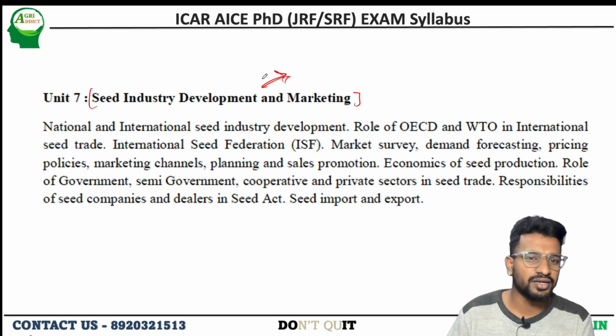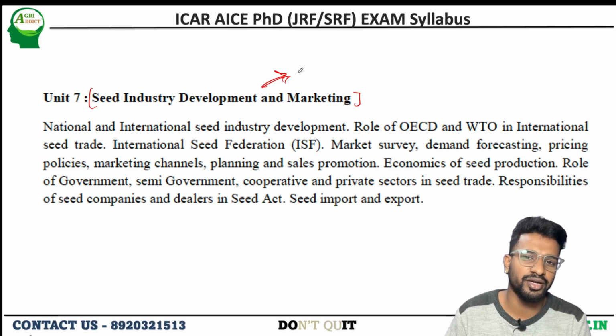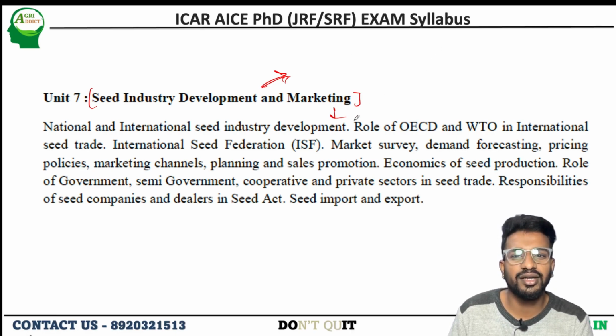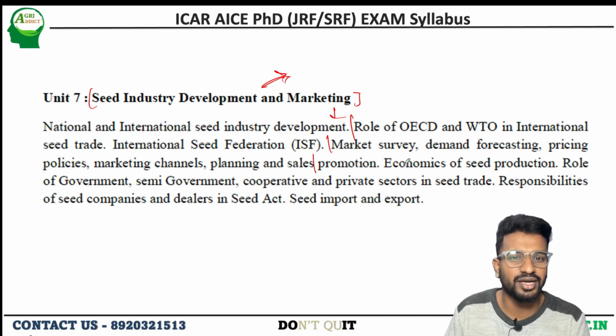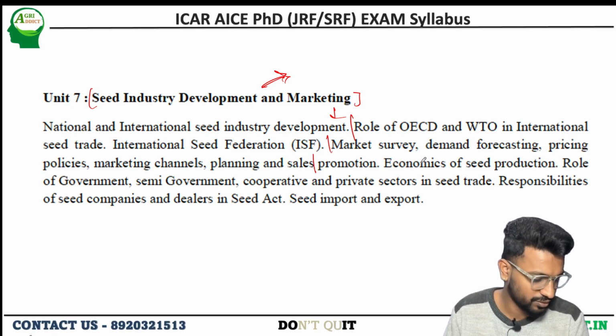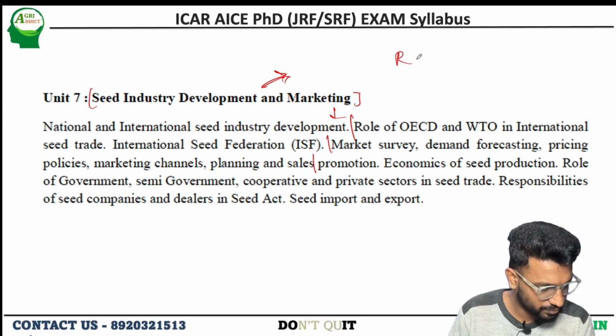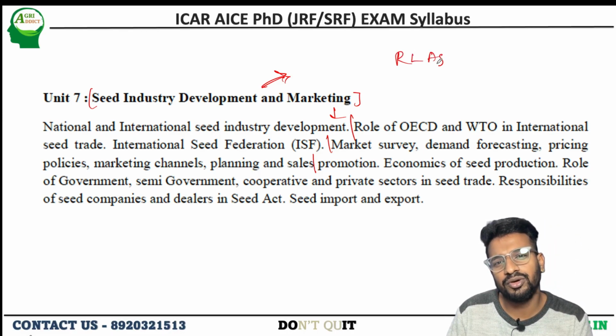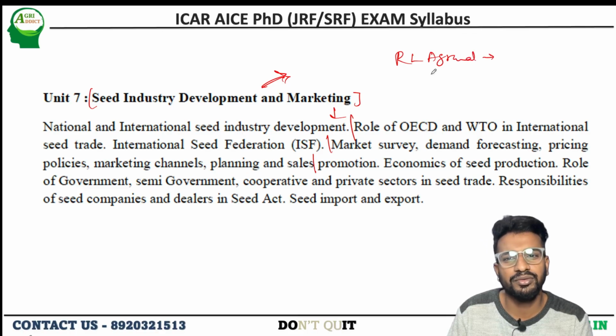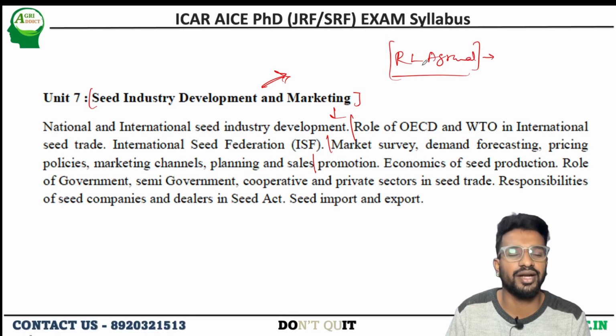So instead, for seed industry development, divide these topics, get the information from different sources and make your own notes. That will help you. And from R.L. Agarwal, you can just read the starting 2 chapters. That will help you to some extent, not entirely.